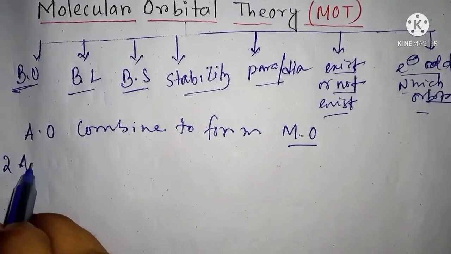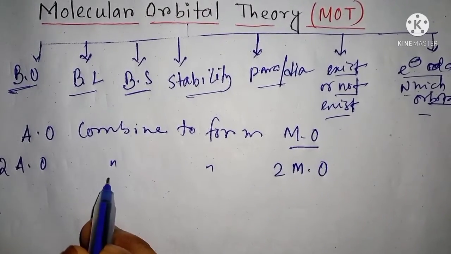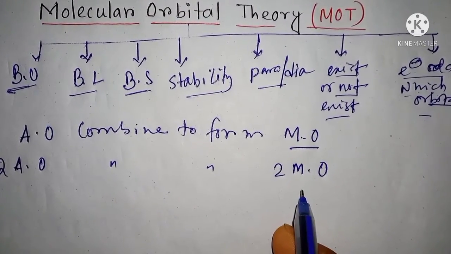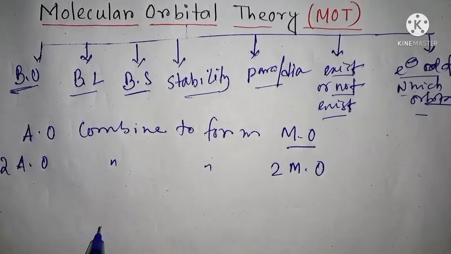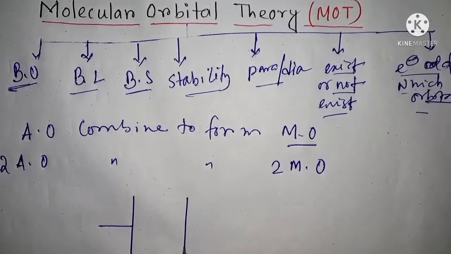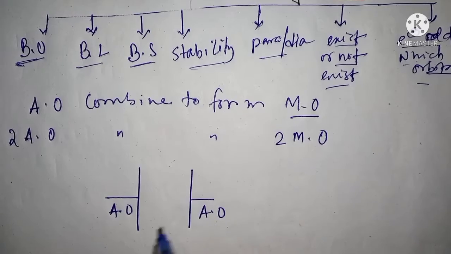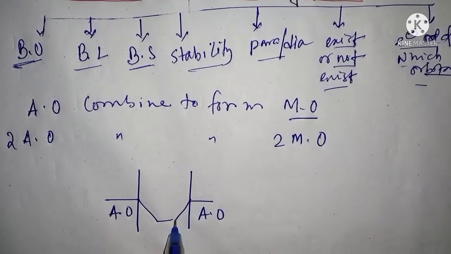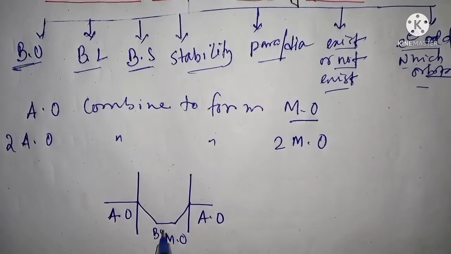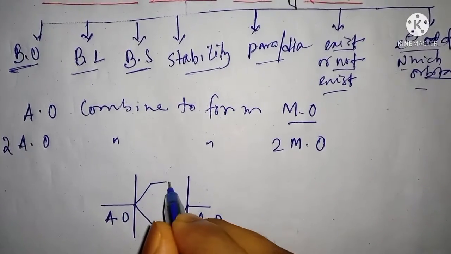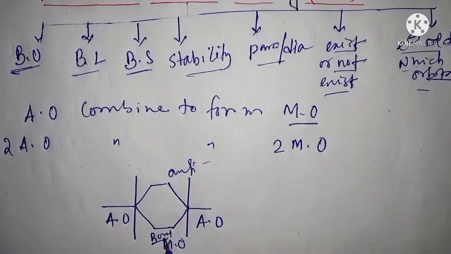Suppose two atomic orbitals combine to form two molecular orbitals, three atomic orbitals combine to form three molecular orbitals. Half are bonding and the other half are anti-bonding. This is anti-bonding, this is bonding.